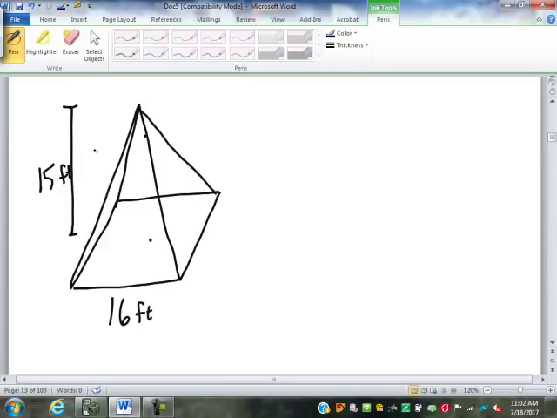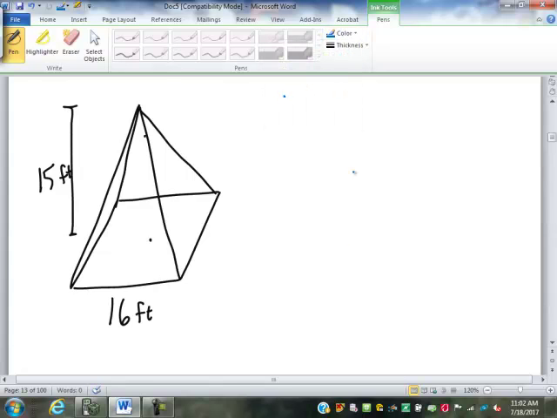So this pyramid has a base that's 16 feet square. We're only going to deal with square pyramids, because you guys could never make me angry enough to give you something that wasn't square. So it's 16 feet square and 15 feet tall.